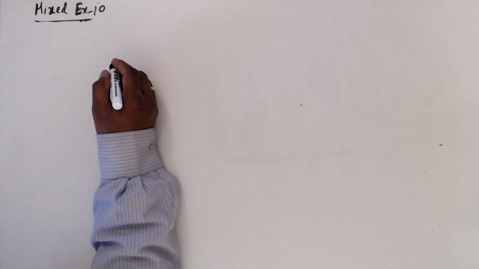Question number 10. A train traveling with a constant acceleration on a straight track.